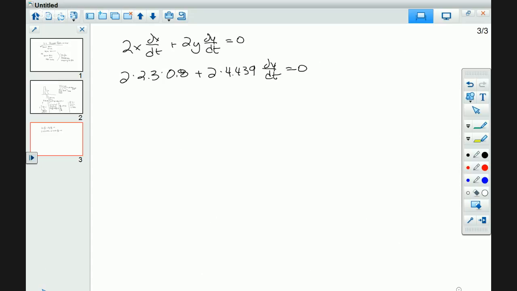What is this? And this is 8.7, 8.87, right?